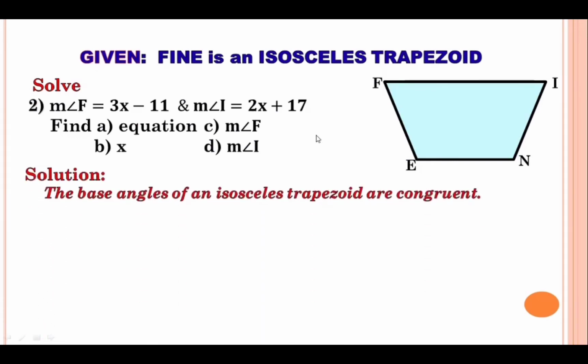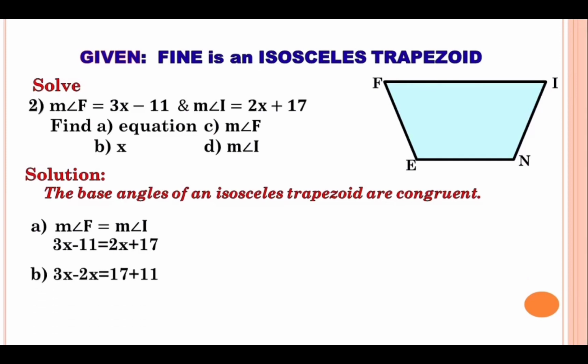And the base angles of an isosceles trapezoid are congruent. Therefore, for our equation, we have measure of angle F equals measure of angle I. 3x minus 11 equals 2x plus 17.